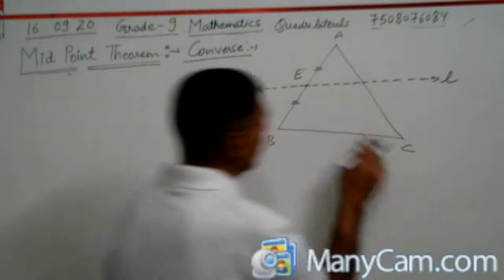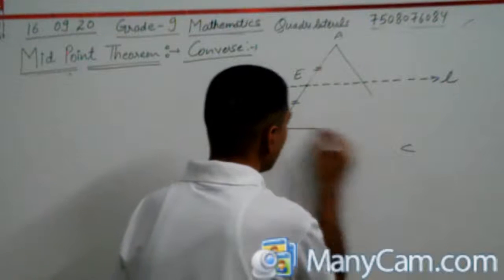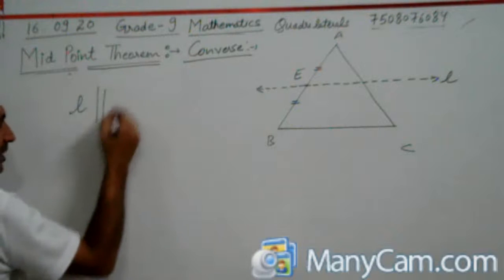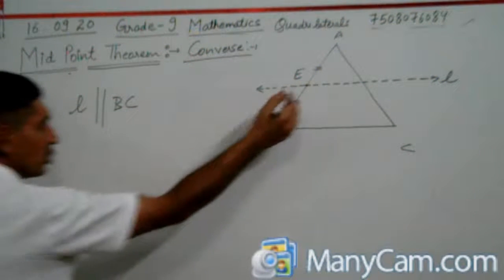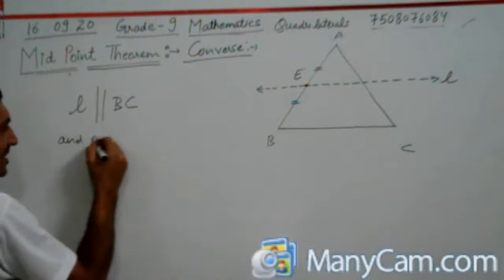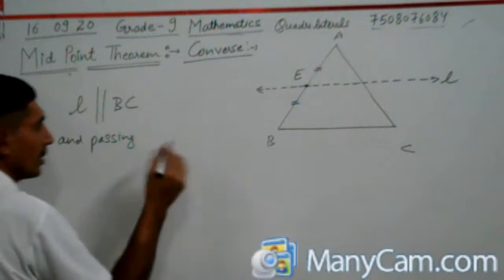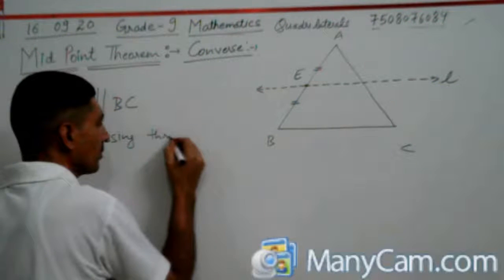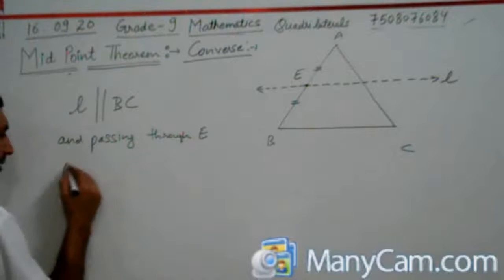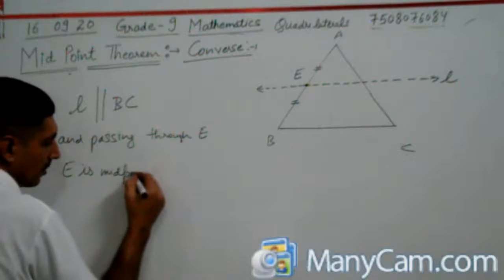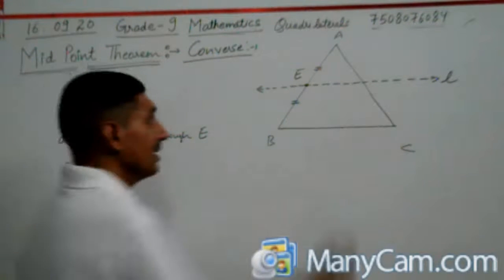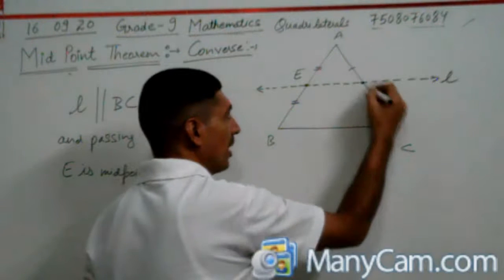If we have a line L which is parallel to BC and passing through one of the midpoints E, where E is the midpoint, then this line L divides the other side into equal parts.